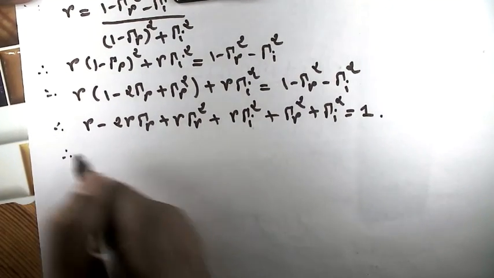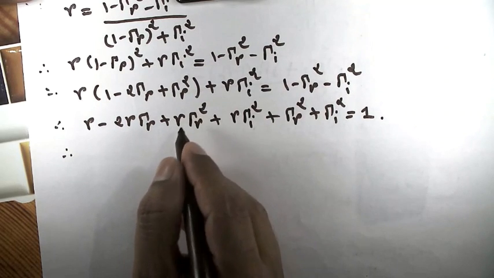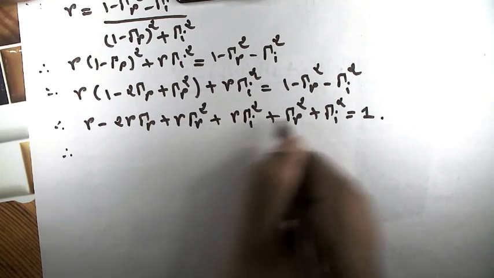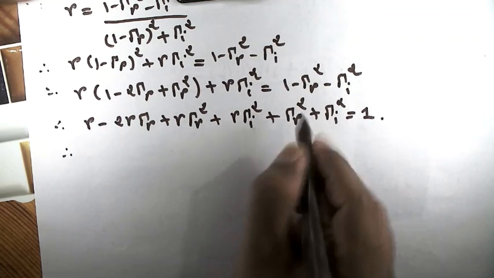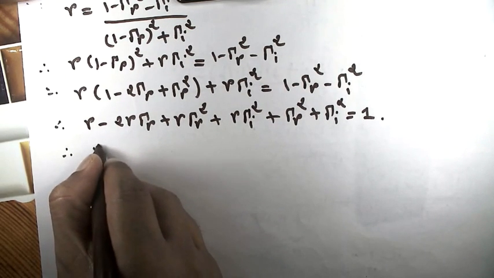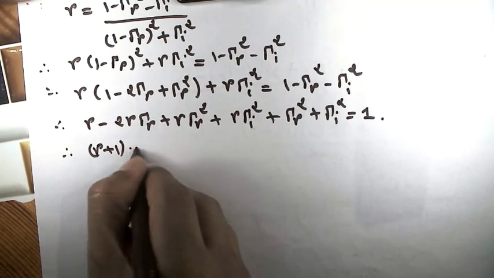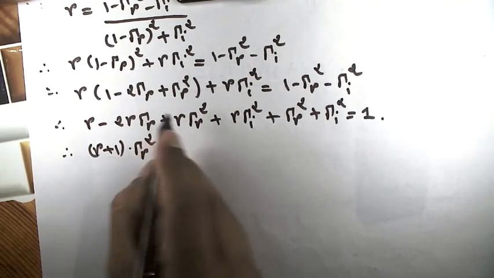So let us rearrange once again. This sigma r square and this sigma r square, I will put common, so r plus 1 into sigma r square.